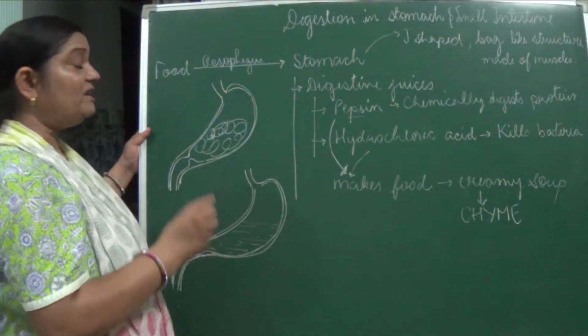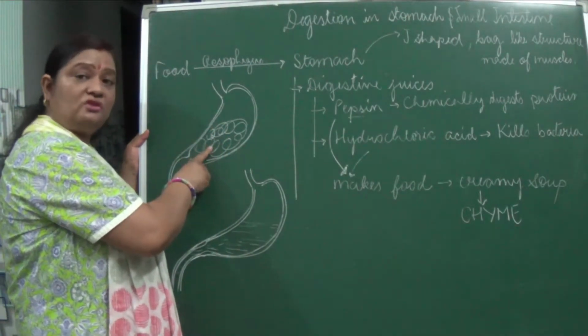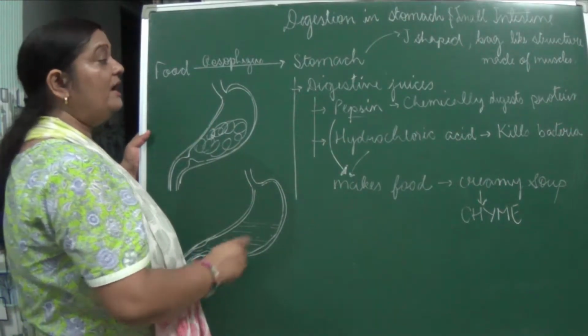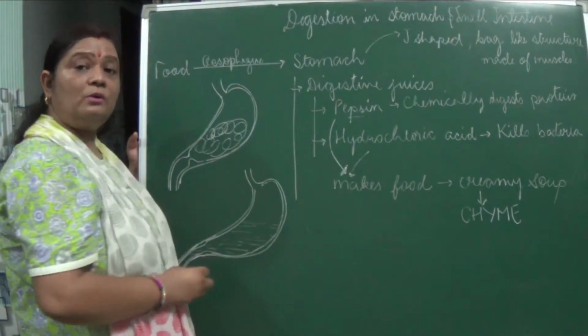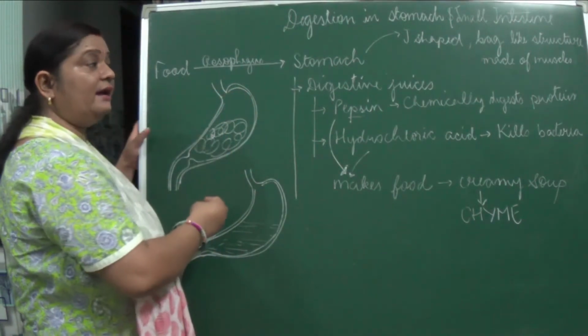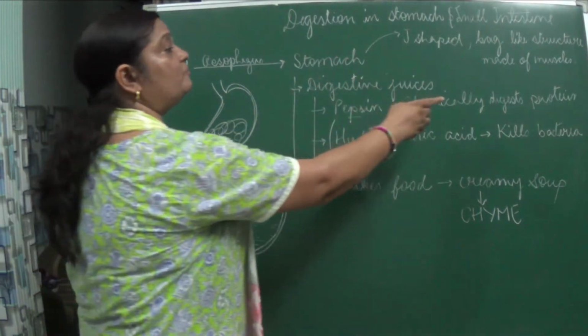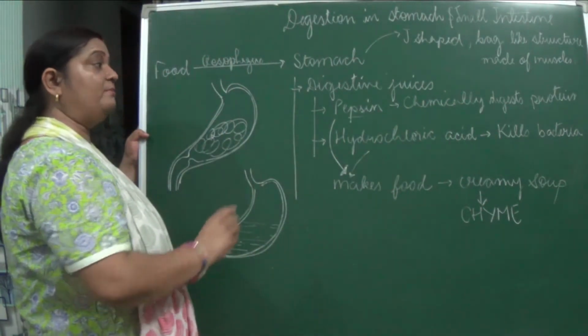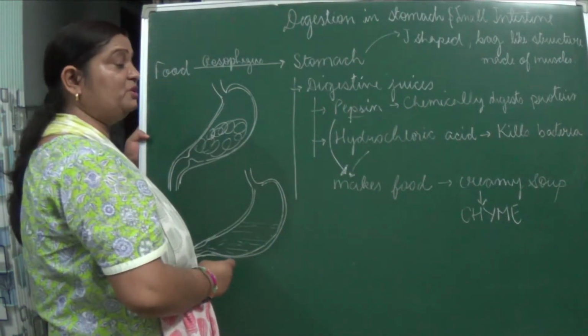But one condition is required for the digestion of protein, that is the acidic medium. Here HCl, hydrochloric acid, is also produced, which makes the medium acidic, and as a result digestion of proteins can take place and pepsin can act on the proteins to digest them.